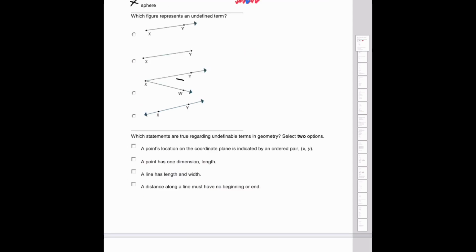This figure is asking us which figure represents an undefined term. Well, like I said before, we did learn about various undefined terms in this class. So far, we have learned about line, point, and plane.